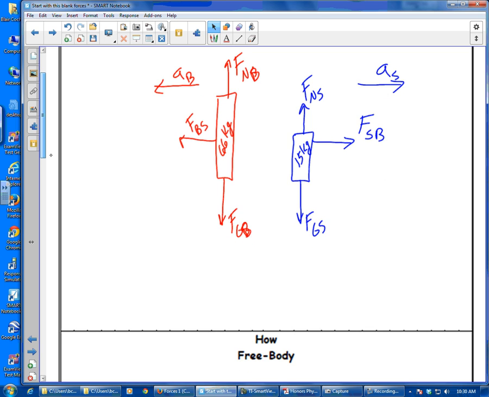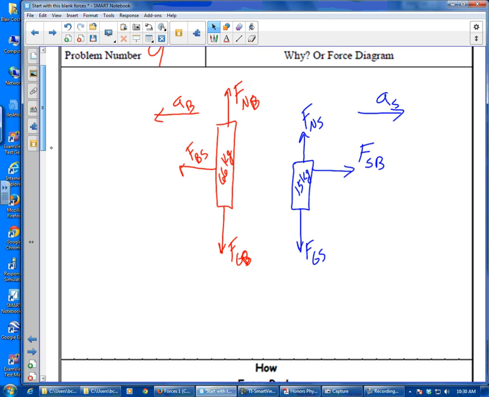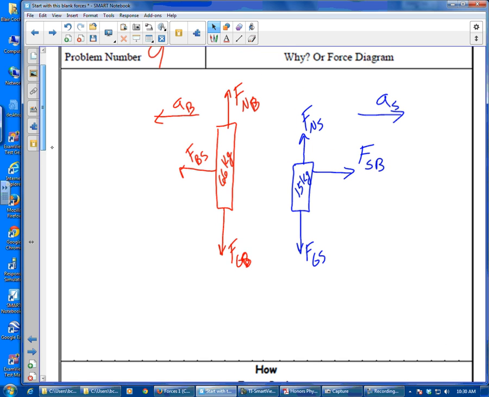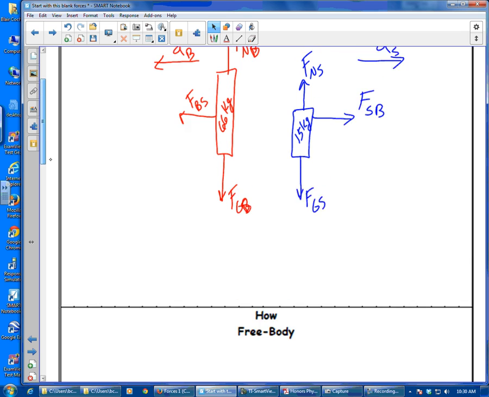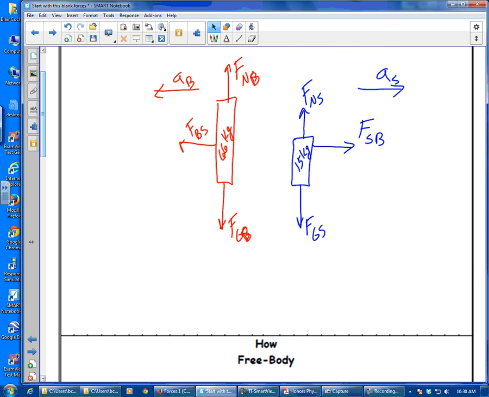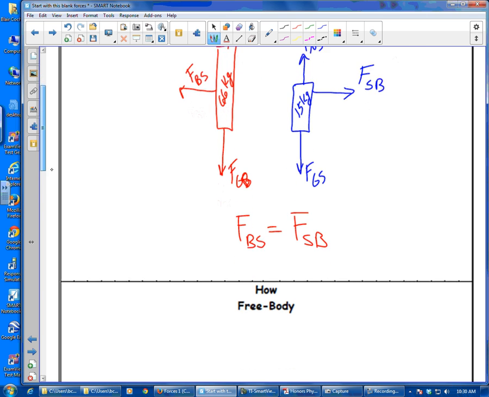So where I'm going to go from here is I'm going to do the brother and the sister. And I know from doing the multiple choices that the force on the brother from the sister equals the force on the sister from the brother. I also know that from Newton's third law, hopefully.